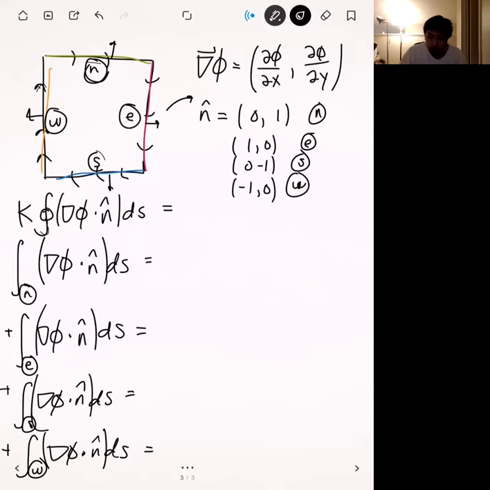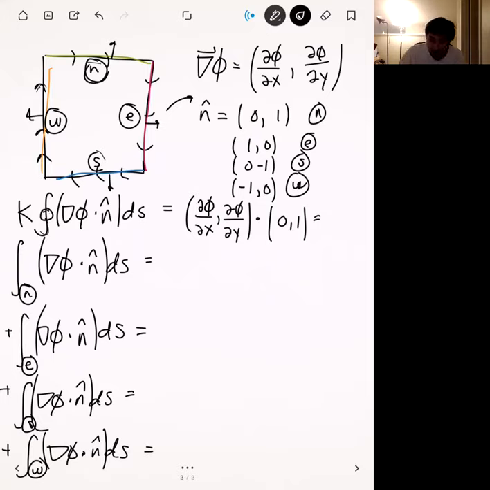I'll do one quickly for the north face so you can see. For the north face, we have gradient of phi, which is partial phi partial x, comma partial phi partial y, dot product with the normal vector for the north face, which is 0, 1. We're just going to perform a regular dot product.